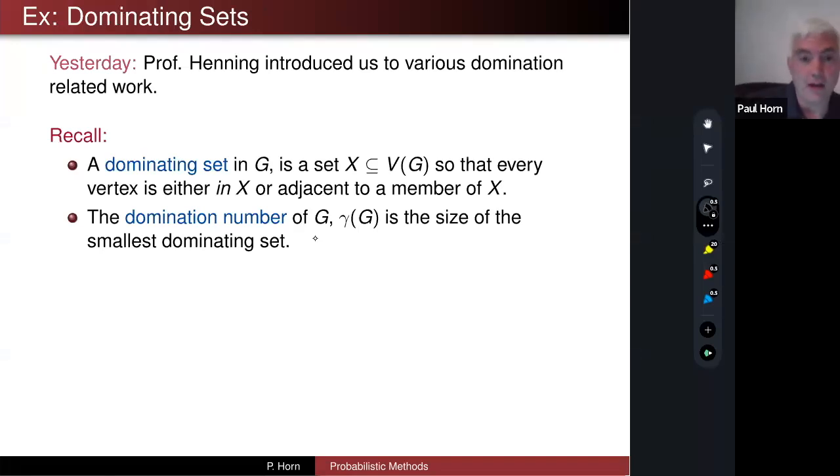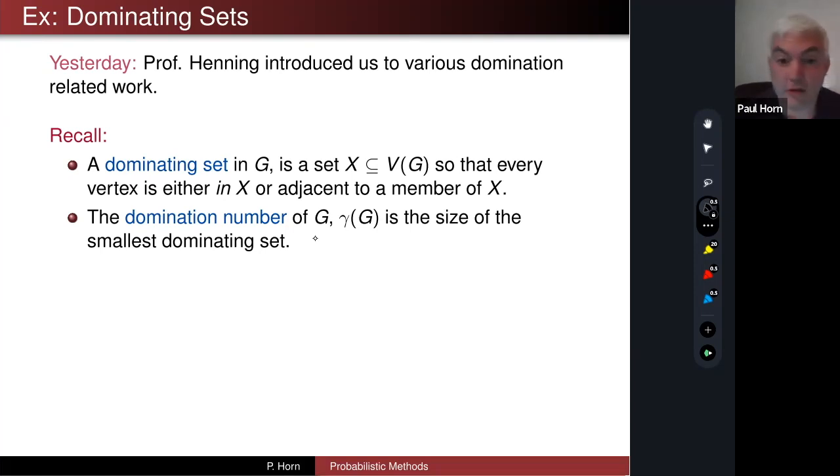So yesterday, Professor Henning gave a talk on dominating sets, and he introduced us to some work on the domination number. Just as a reminder, if you happen to not know what a dominating set is, it's a very simple object, actually. A dominating set is a set of vertices so that every vertex is either in the set or at least adjacent to a member of the set.